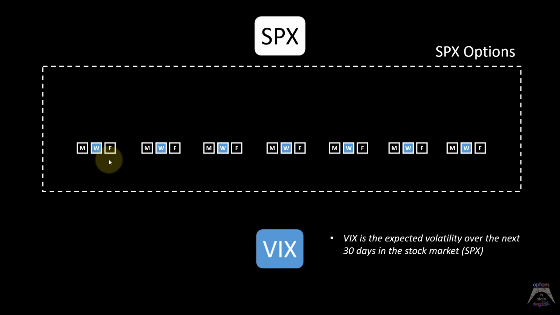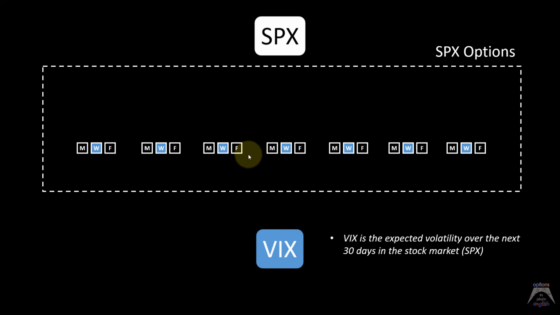So if we have a product that expires 30 days before an SPX option expiration, then we're going to have a very precise measurement of the expected volatility for that period. This is why VIX products expire on Wednesdays, not on Friday, because it's exactly 30 days before a Friday, so that we can use those options to calculate the settlement value for the VIX.